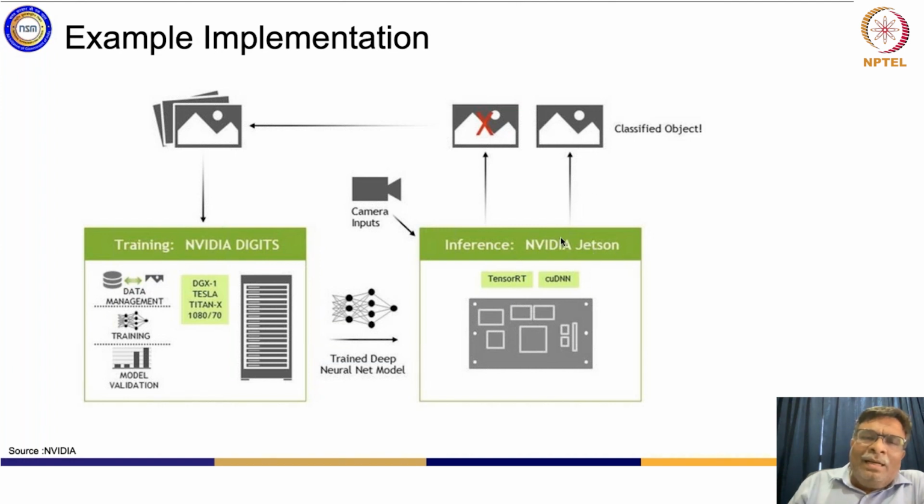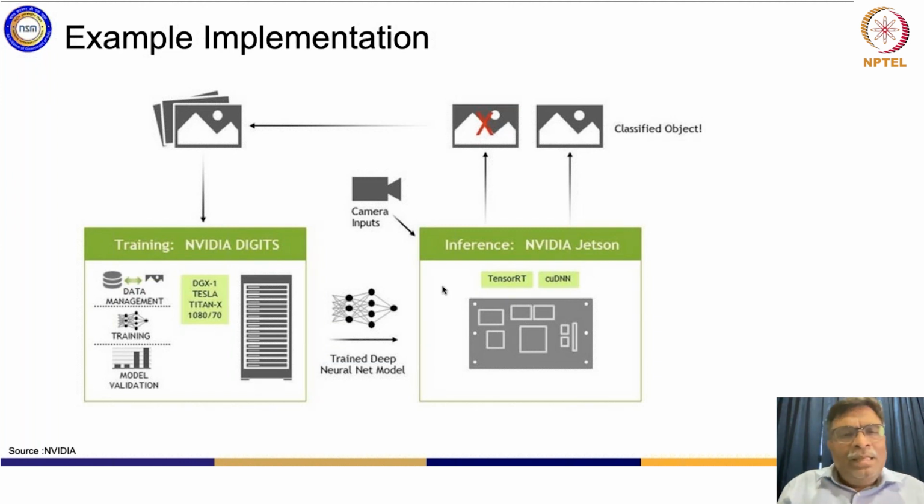Now that is basically an edge device, right? And this edge device is used for inferencing. What does it have? We have to be very clear that we are using TensorRT. Okay, we will tell you what TensorRT does, and we have cuDNN also installed on our Jetson.